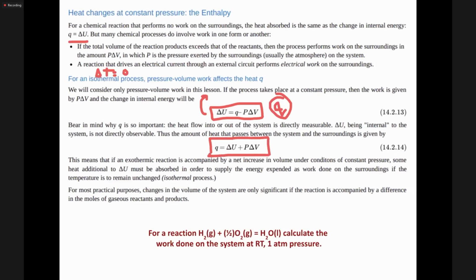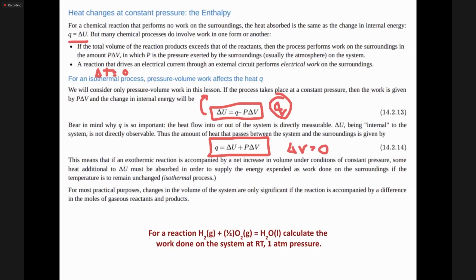Now this means that if an exothermic reaction is accompanied by a net increase in volume under conditions of constant pressure, so the exothermic reaction is going on, delta T will be 0 and there will be a net increase in volume of the gas. So delta V is positive. It is an expansion of the gas under constant pressure, obviously.